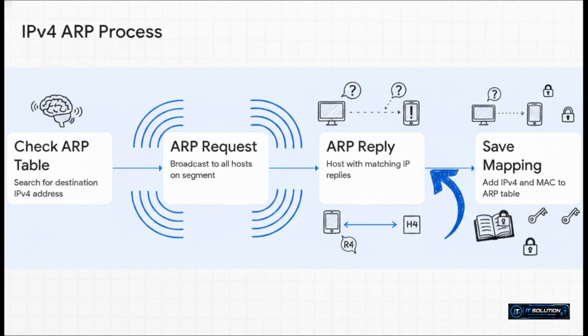It's essentially shouting to the entire room, "Hey, who has this IP address? Tell me your MAC address." Every single device hears this shout, but only the intended target actually replies. The target sends an ARP reply directly back as a one-to-one unicast, basically saying, "Yep, that's me, here's my MAC." Finally, the sender saves that mapping into its ARP cache so it doesn't have to go shouting again 5 seconds later.